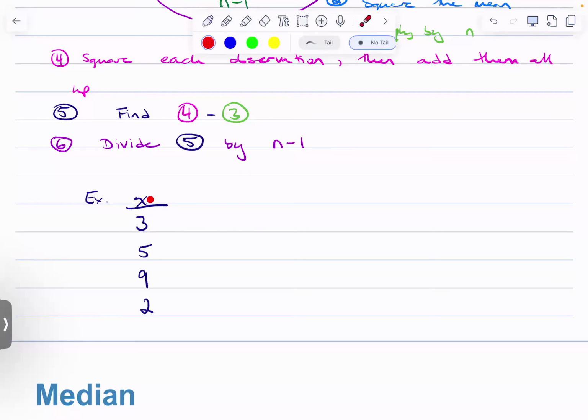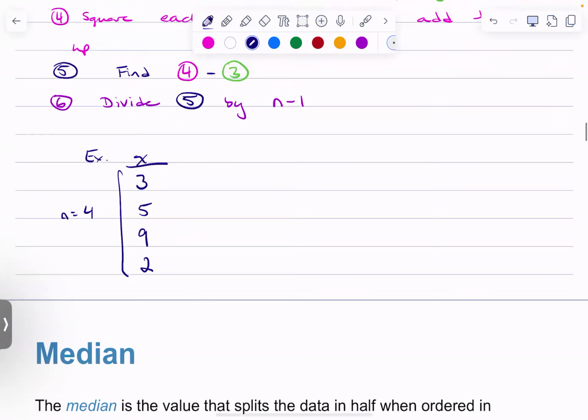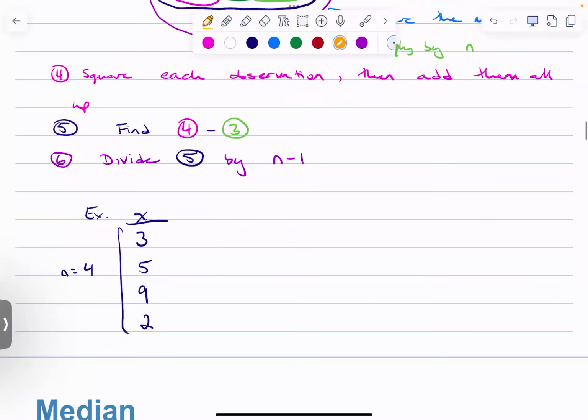So here's our data set. Now this means that I have 4 observations, and so my n must be 4. I have 4 things in there, just itty bitty. First thing I need to do is find the mean. X bar is 3 plus 5 plus 9 plus 2.